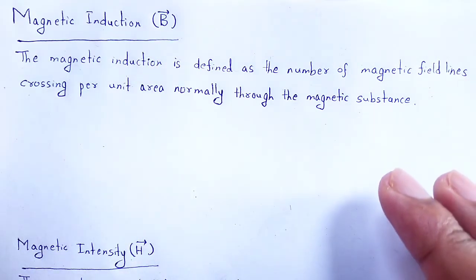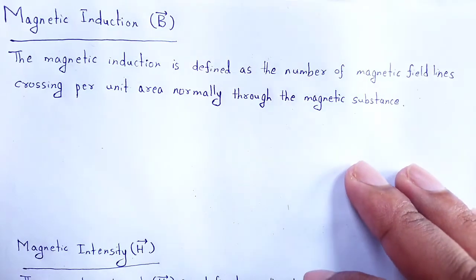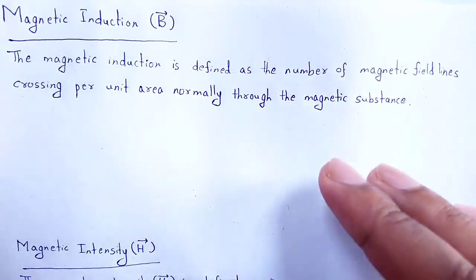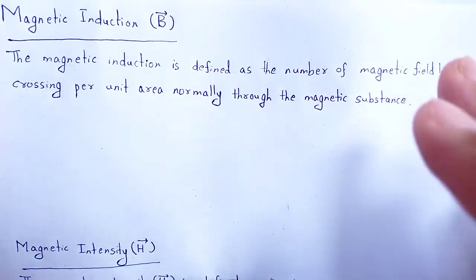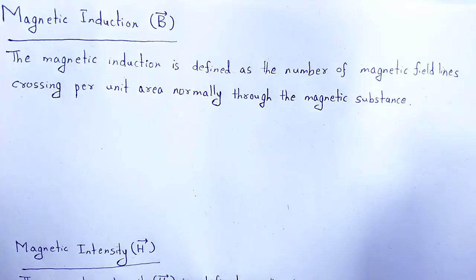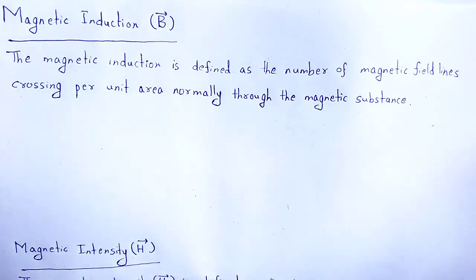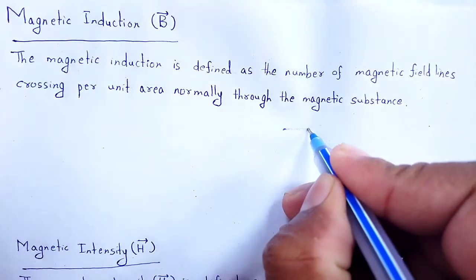Whenever a magnetic substance is placed in an external magnetic field, that substance gets magnetized, and the phenomenon of inducing magnetism in a magnetic substance when placed in a magnetizing field is referred to as magnetic induction. Look here, there will be a uniform magnetic field.